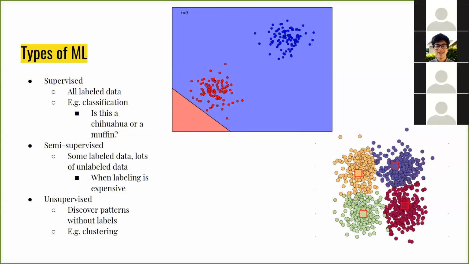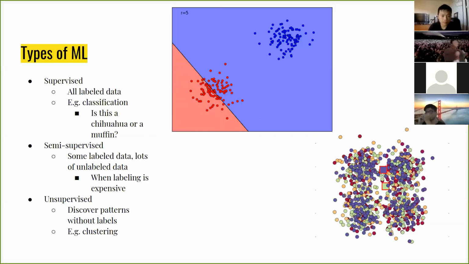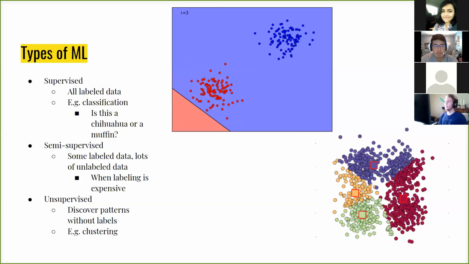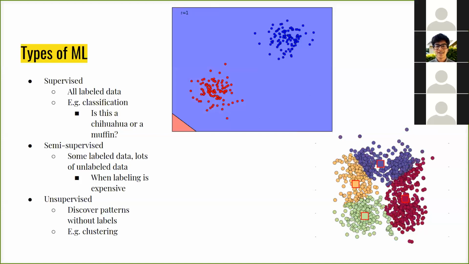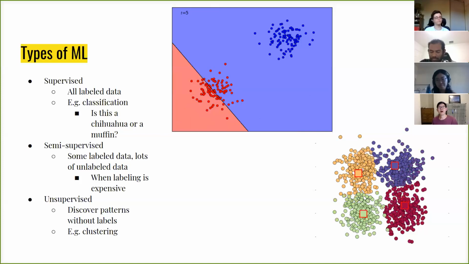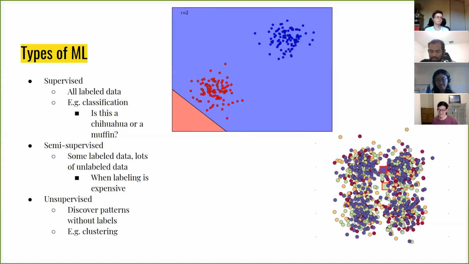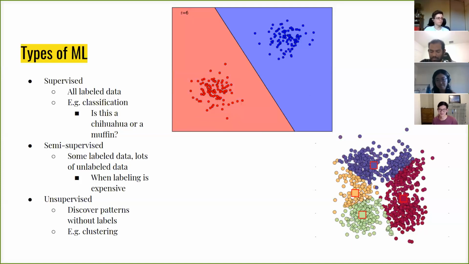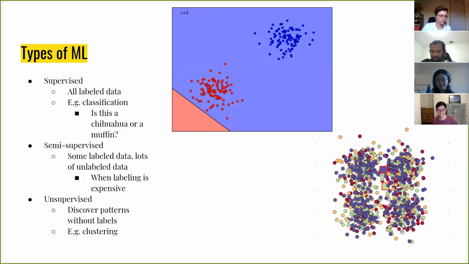I had another question. Yeah, sure. For semi-supervised, how does it decide what data to label? You mean initially? Yeah. Initially it's based on whoever owns the data, I suppose. They decide what amount of data they can label. Say you're a company that has a bunch of data.